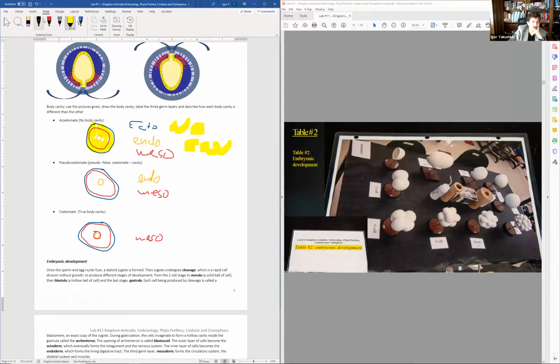Now, let's take a look at the cavity. Here's the cavity located between the endo and mesoderm. That's a false cavity. And now, cavity within the mesoderm.